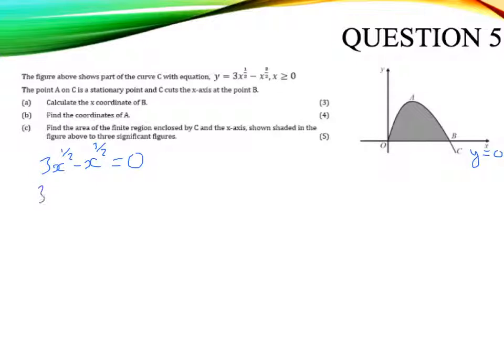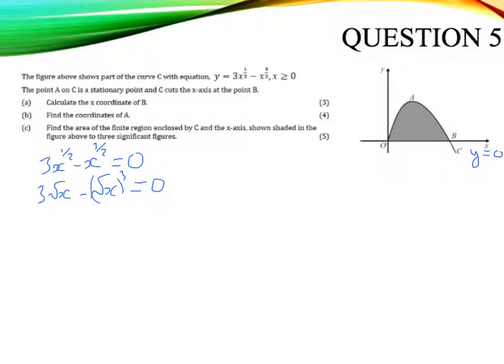It's still not going to look very nice. So we've got 3 root x minus root x cubed. We'll do it like that. Still not looking particularly good. How can we get rid of these powers of a half or the roots would be the question I'd be asking myself. Well, an easy way to do that is to square everything.